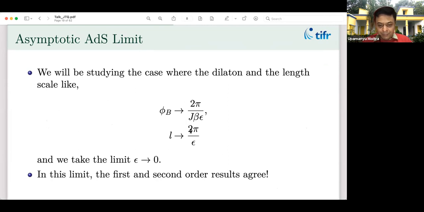The length of the boundary scales like 2π over ε, and the dilaton goes like 2π over γβε. What we mean by the asymptotic limit is when both of these go to infinity in this coordinated way, when ε goes to 0. In other words, we take the asymptotic limit where the length of the boundary goes to infinity and the dilaton at the boundary goes to infinity, so that the ratio of L to φ_b remains fixed.